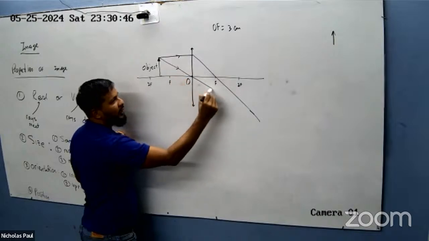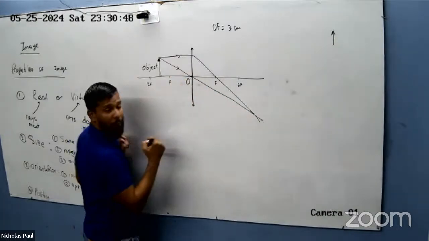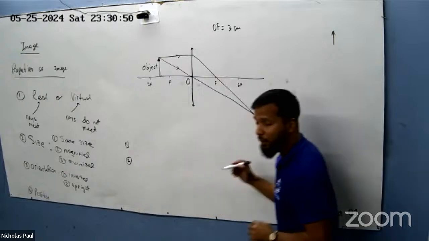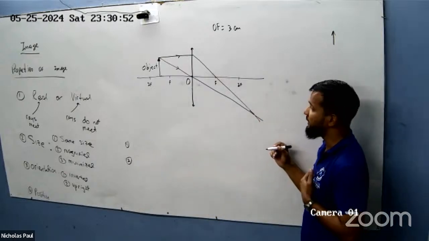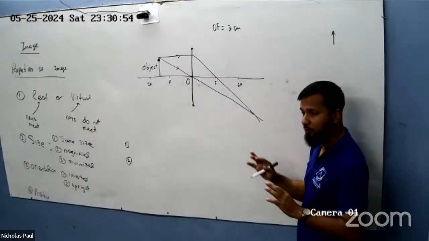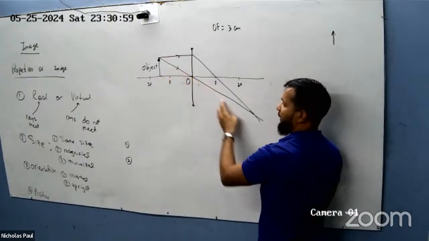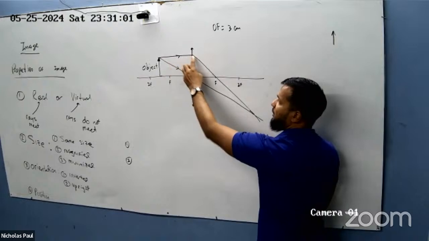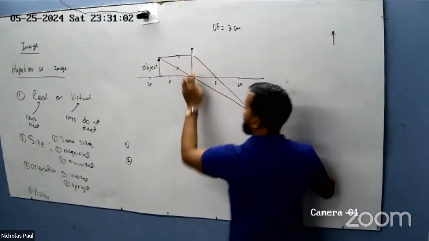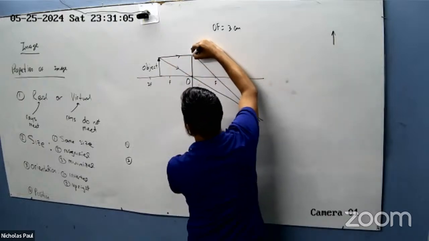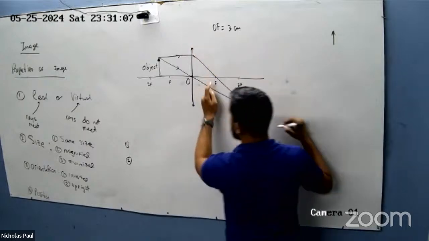Everybody watch here. You have to use a ruler, right? Make sure you don't do it roughly like me. Draw a line to the optical center. Draw the one parallel to the principal axis. Make sure it's exact. When it reaches the lens, then it goes to the focal point.